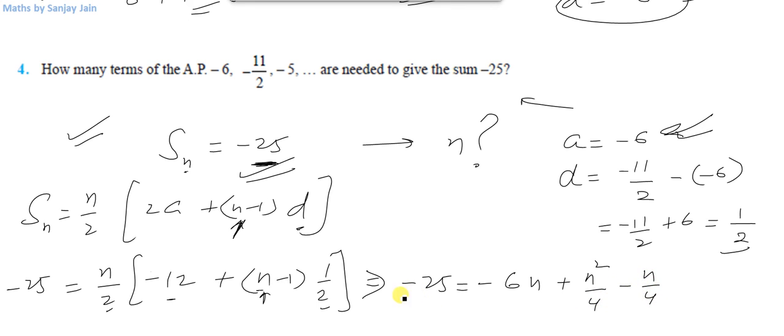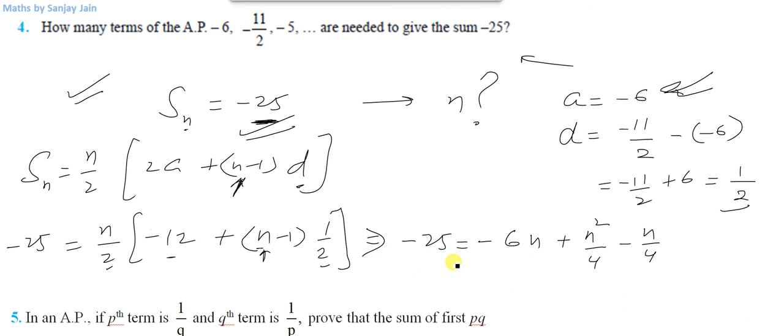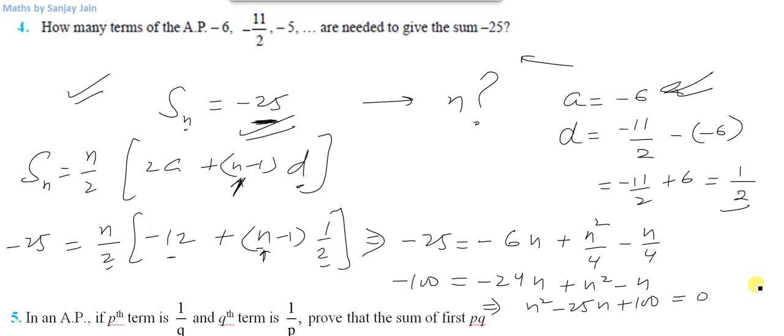Alright. Now let us simplify it, and this will be a quadratic expression in n. So I am multiplying both sides by 4. This will give me minus 100 equals minus 24n plus n squared minus n. And the quadratic I have is n squared minus 25n plus 100 equals 0. Right? So this is the quadratic that I need to solve, and I'll have my answer. This can be easily factorized, 20n and 5n.